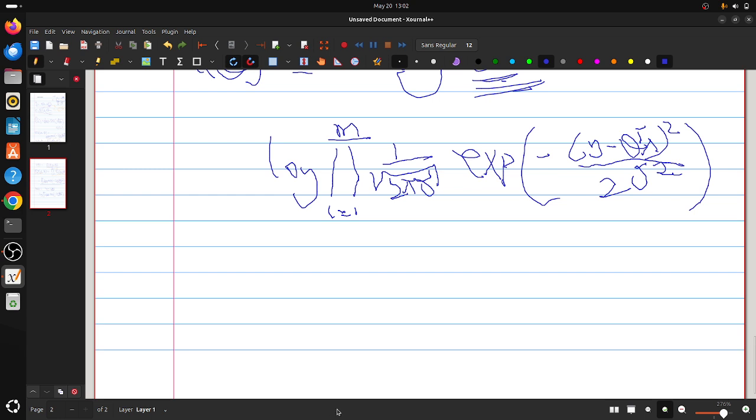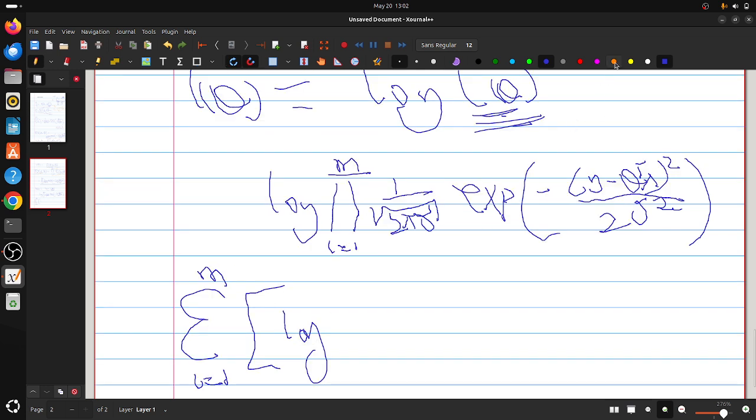That will give us the summation of i equal to 1 up to m of log, because this equation has two parts: this one and the exponent.